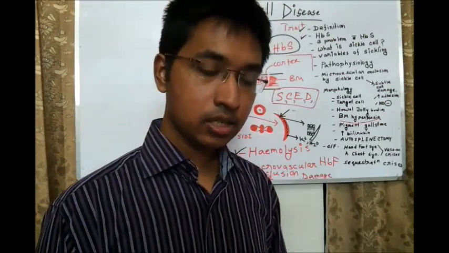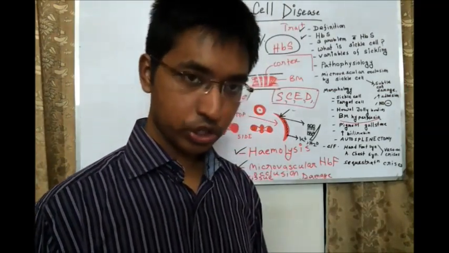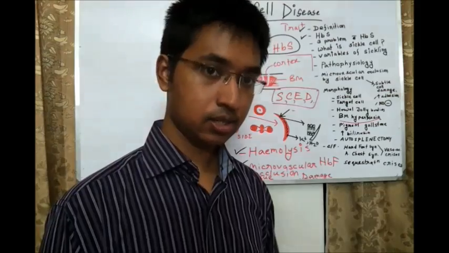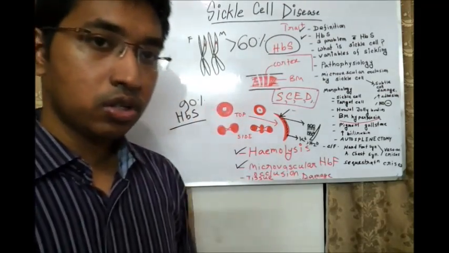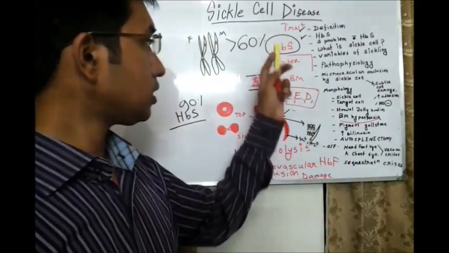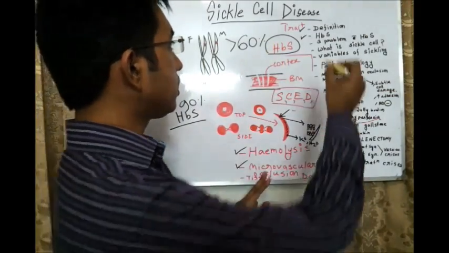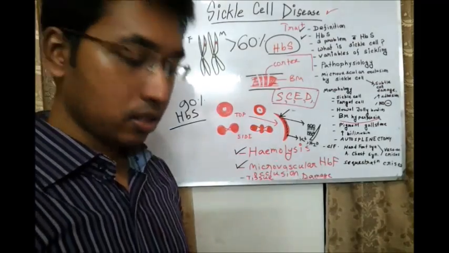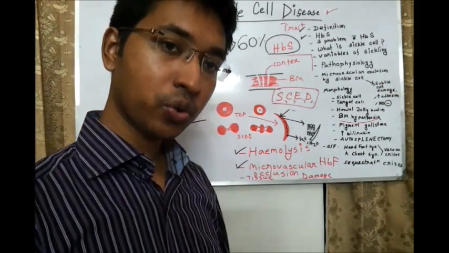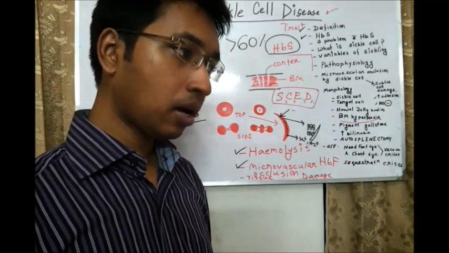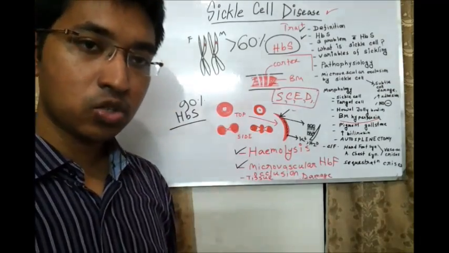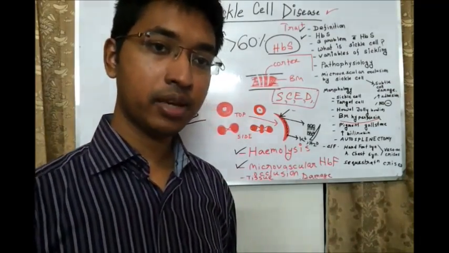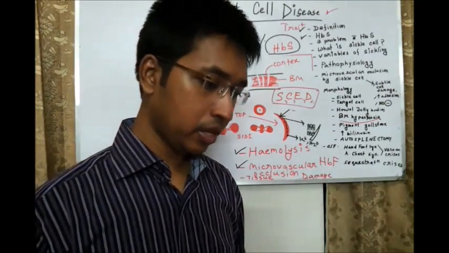Okay, the last thing is the concentration of hemoglobin S. Now suppose a patient has hemoglobin S, a patient has sickle cell disease, but also has thalassemia, say alpha thalassemia. What will be the outcome here?